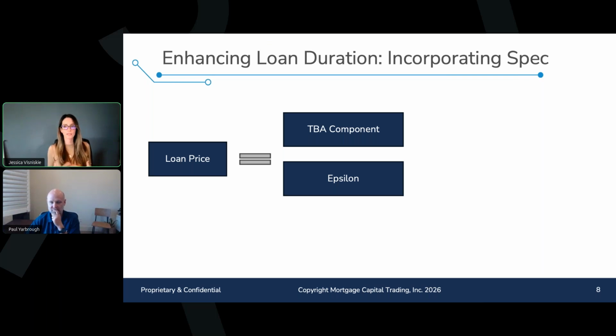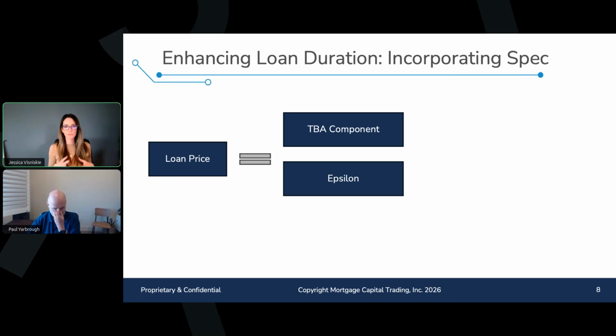This was designed to more efficiently hedge that spec volatility that Paul just talked a little bit about. The tool is seamlessly integratable into your existing workflows, and it quantifies how prices are actually responding to market moves in real time. So the analysis is a rolling 30-day price analysis.